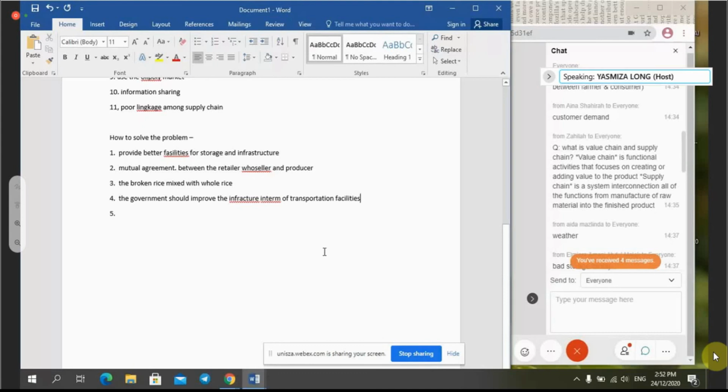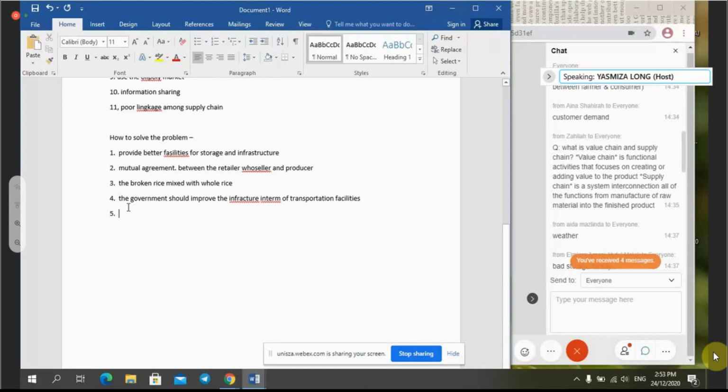Okay, nah. So apa yang boleh kita katakan dekat sini, selain daripada nak baiki dia punya facility storage, kerajaan juga kena interfere in the sector lah. Maksudnya kerajaan kena ambil kira juga, kena masuk campur lah. Kerajaan kena masuk campur rasanya sistem supply chain dia.